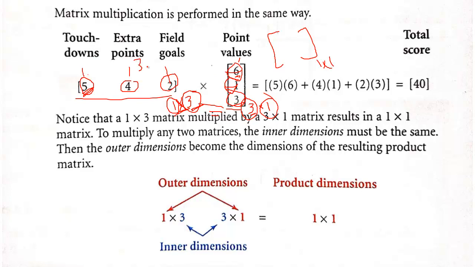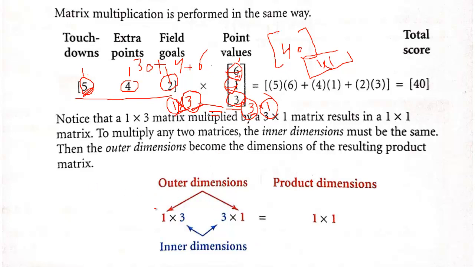First by first plus second by second: 4 times 1 is 4. And third by third is 2 times 3 equals 6. So the total is 40, and the 40 goes inside the brackets of the matrix, whose system is 1 times 1. So the product of the matrices is 1 times 1.